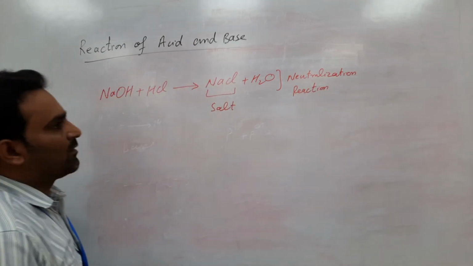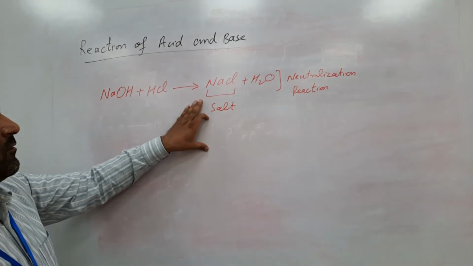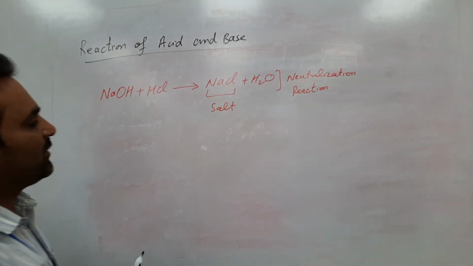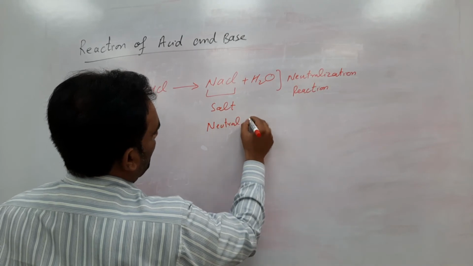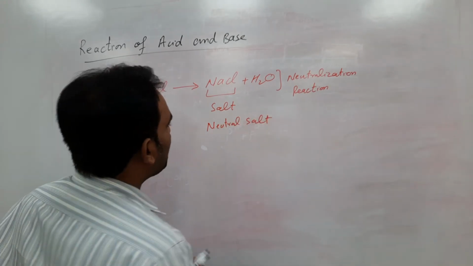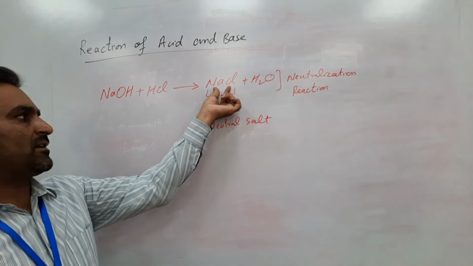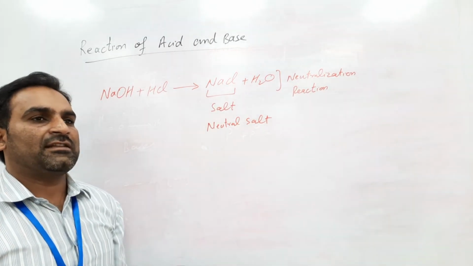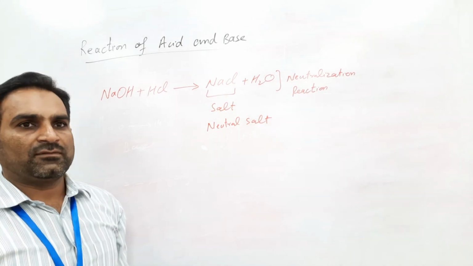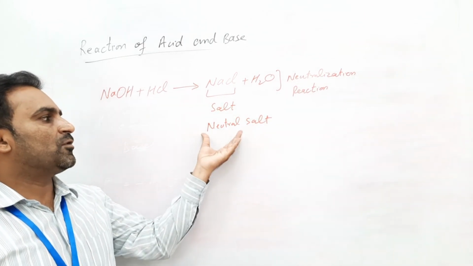Okay, and the salt formed will be a neutral salt. Neutral salt means if you dissolve that sodium chloride in water, it will not change the color of pH paper. So it will be a neutral salt.